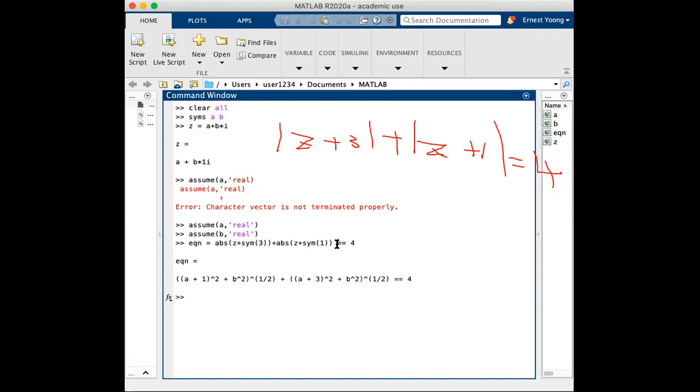And remember, for the equal sign in the equation, we put double equal. The single equal here means we assign this function, we store this into the equation variable. Okay, we have our equation, then we put fimplicit equation, then I put a range, -5 to 5, this is x, -5 to 5, this is y.